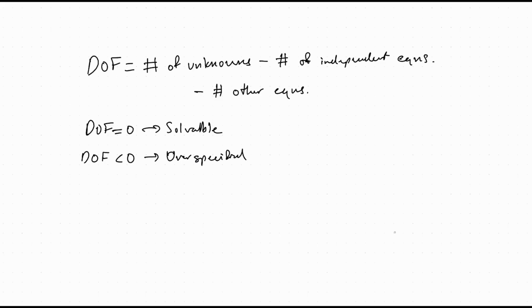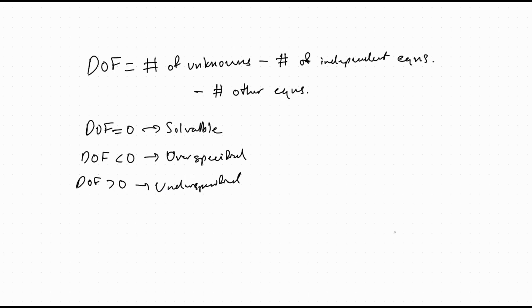So this is the case where we had the three equations, but only x and y. Then, of course, degrees of freedom greater than 0 is underspecified. You have too many unknowns and not enough equations.